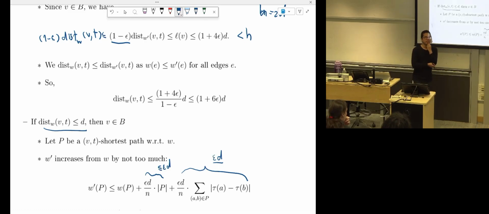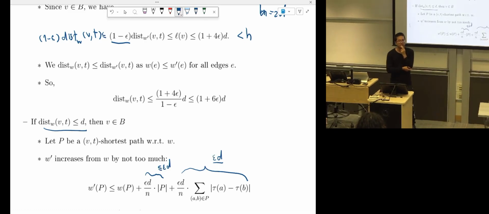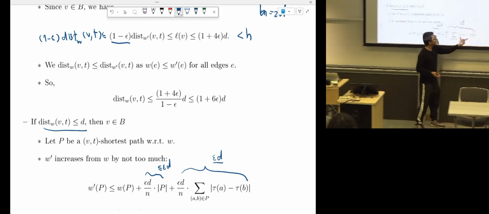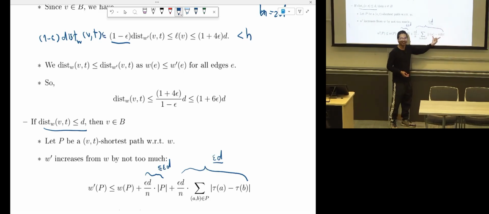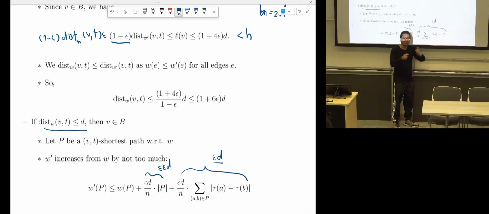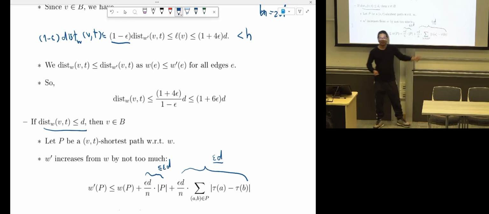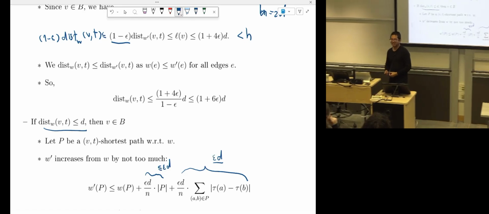Because of the topological order, the difference between the numbers we assign to each vertex, if there's an edge between them, is at most n. So it's true that each of these is at most n for sure, because topological ordering is between 1 and n. But why is the sum here at most n, actually?